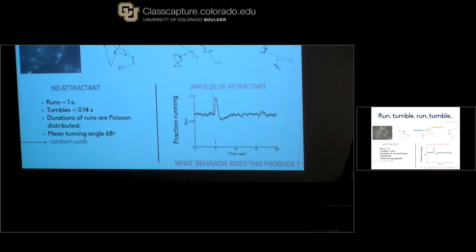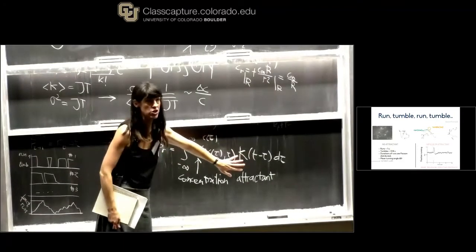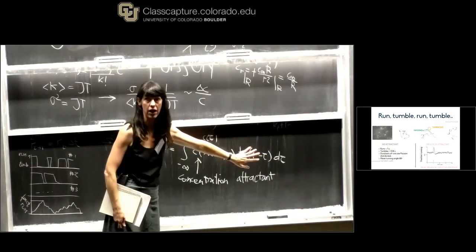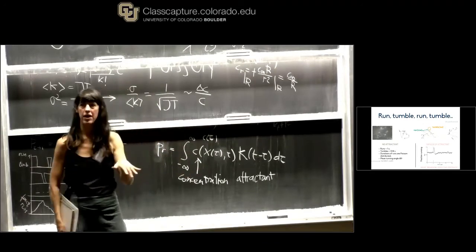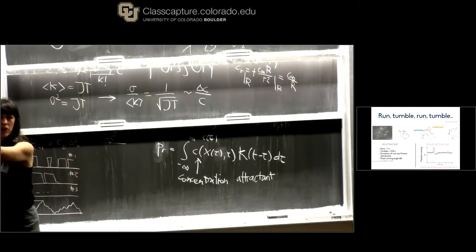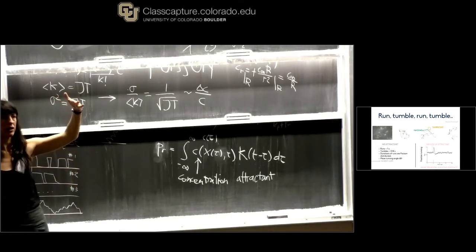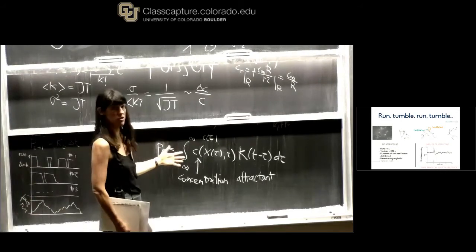Okay, and so what that means is that simply from our convolution, which might still be here, how does that work? Yes, from this relationship, if K has zero area, what this tells us is that if C is a step, so if eventually you go through a step in a chemoattractant, but then that level remains constant, then the bacterium doesn't respond anymore.